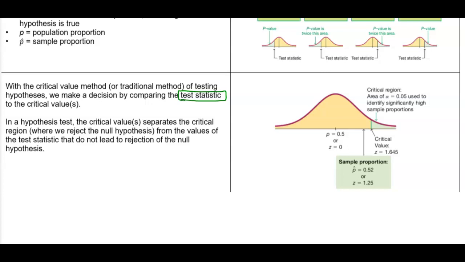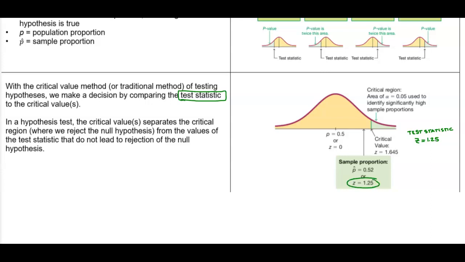So if we end up getting a test statistic, we can have two different test statistics. Now remember, if we're using a proportion, it could be a value of z. So let's say that z was equal to 1.25 as noted here.